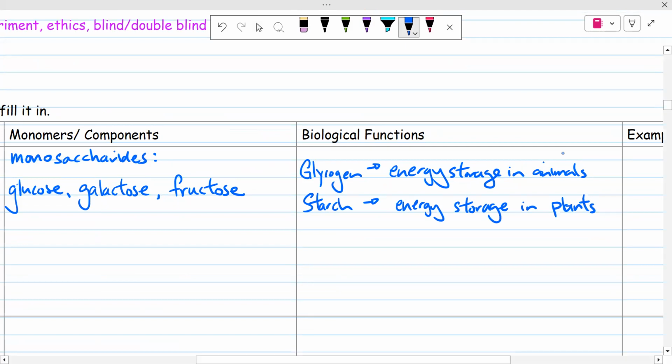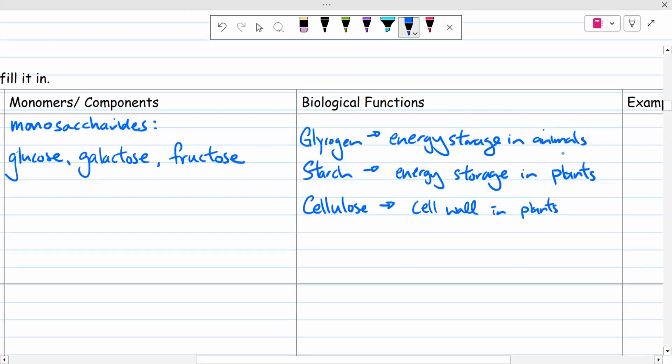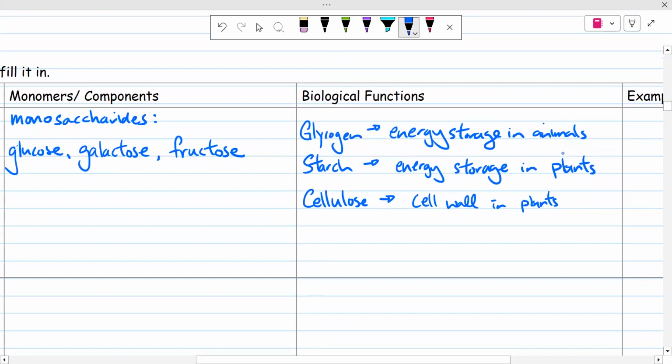And then there is cellulose, which is, yeah, the cell wall, right? And then the last one is chitin.